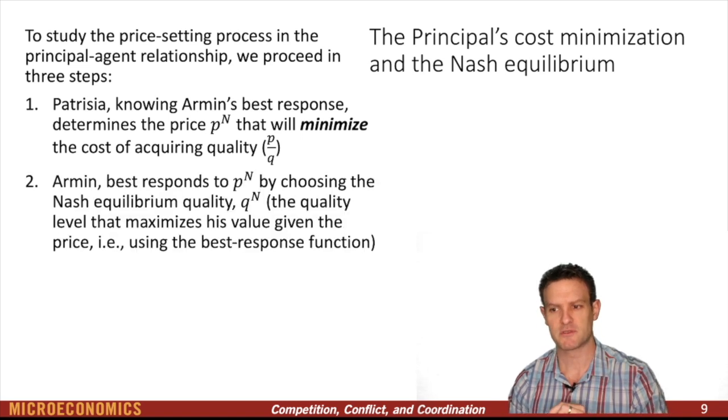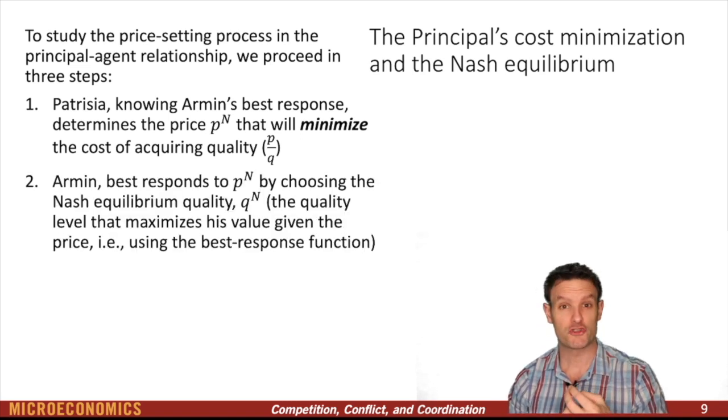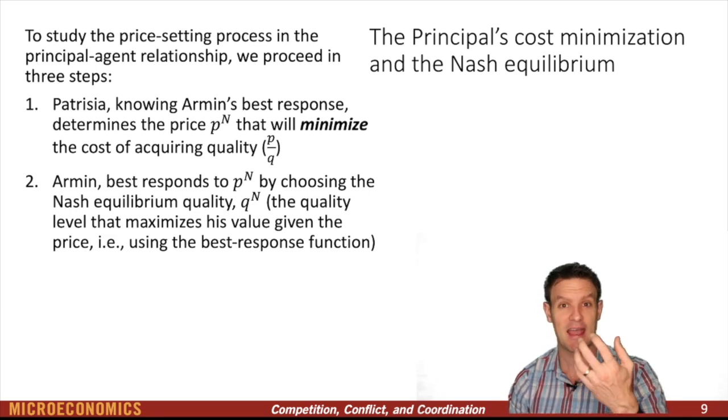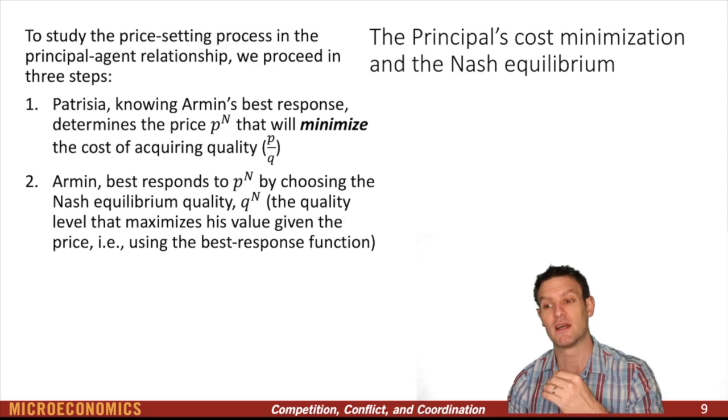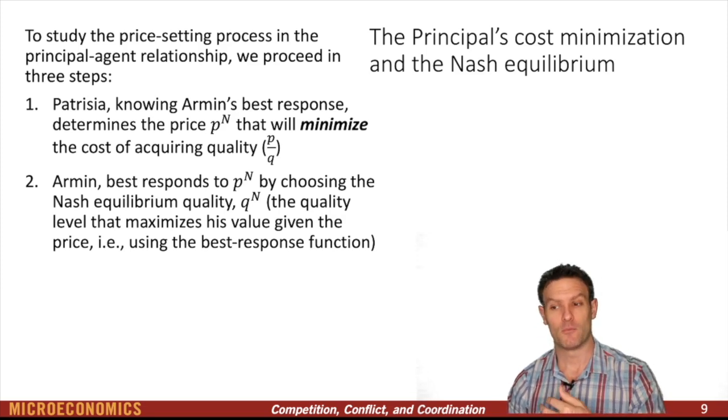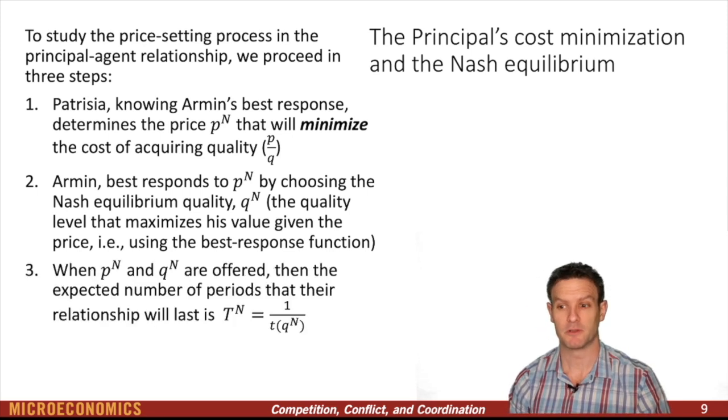So 2 more steps. Step 2, Armand is going to best respond to the price that he has been offered, as we'll see the Nash equilibrium price, hence PN, by choosing the Nash equilibrium quality, QN, which is the quality that maximizes his value given the price that he's offered by the principal.